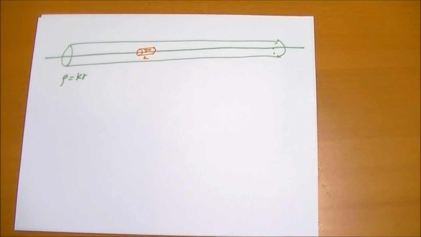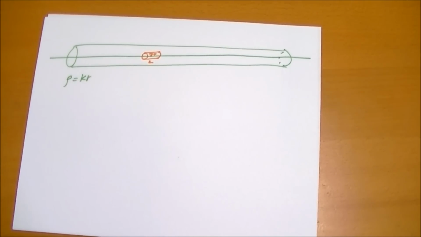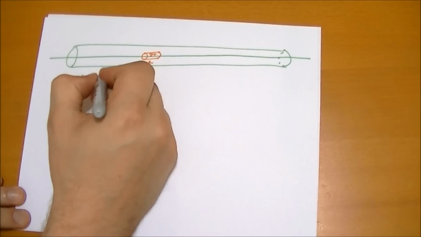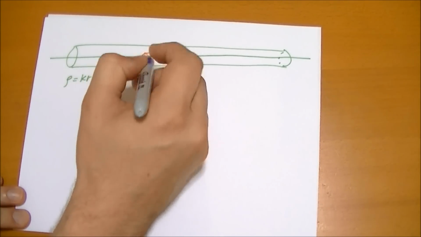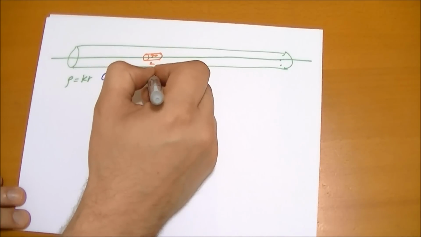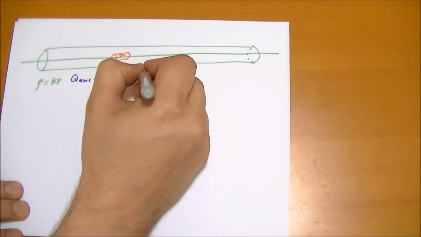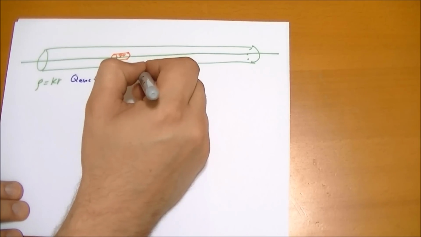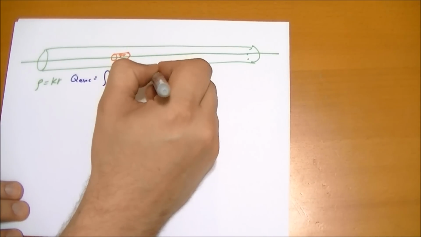The enclosed charge is equal to, so let's use a different color here for math, Q enclosed is equal to the volume integral of rho times d tau. And in cylindrical coordinates, kr is the rho.